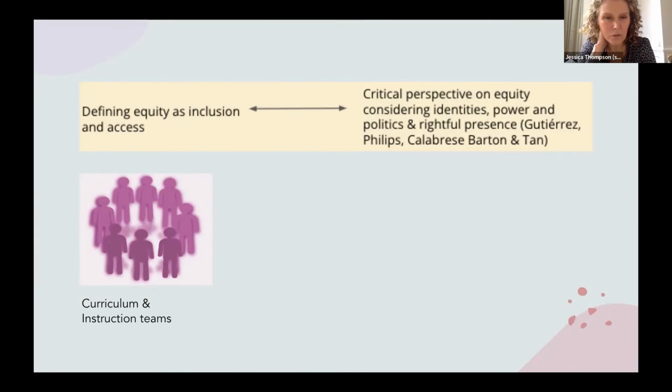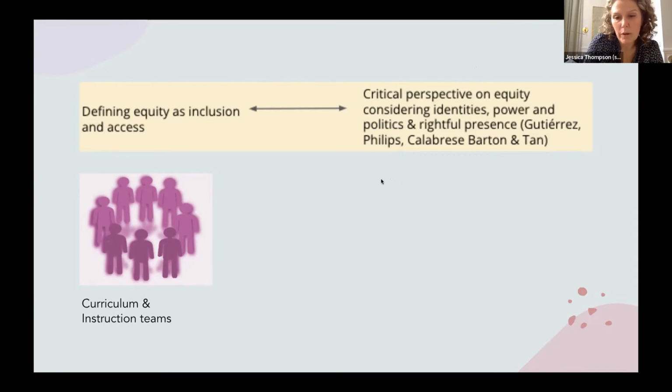This idea of, you can engage with instructional, often we engage first with curriculum and instruction teams. And what we found is that working with those teams typically have a definition around equity as inclusion or access. That's a very acceptable way of thinking with districts around equity.